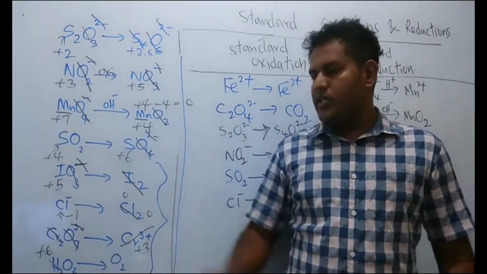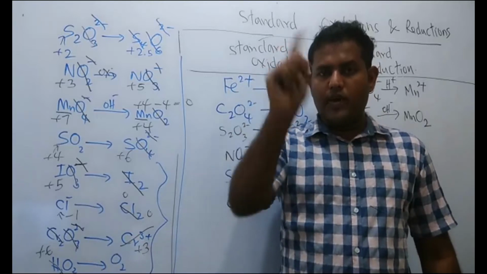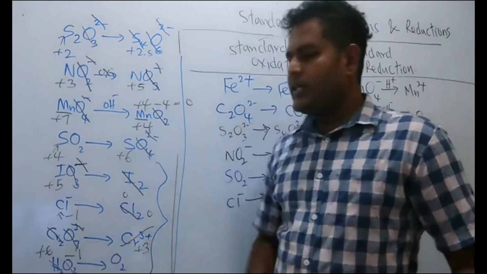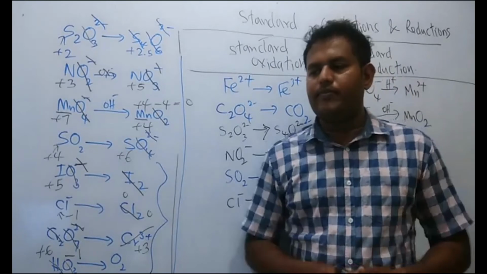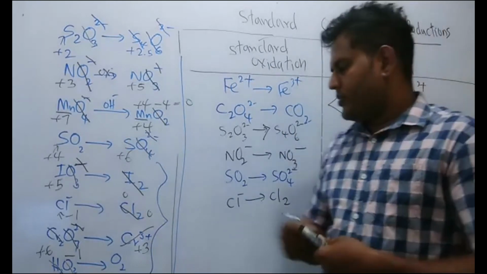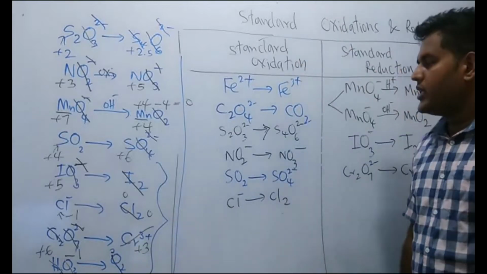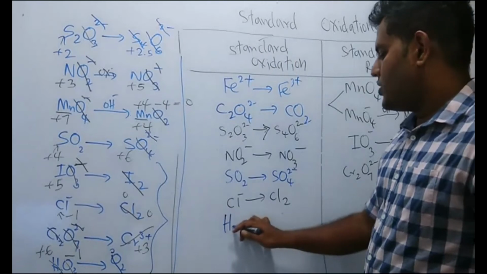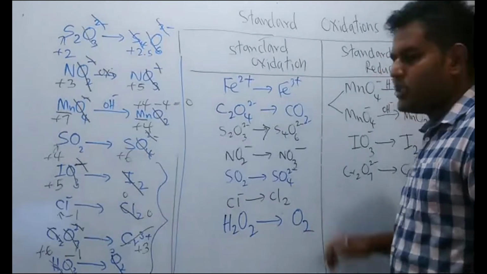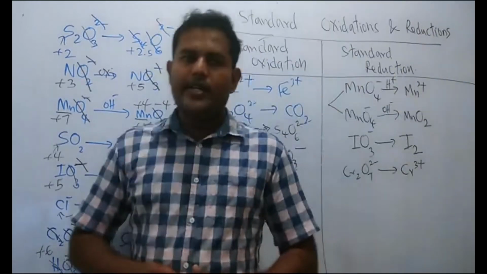Then for 2 oxygens the oxidation number is minus 2, so for 1 oxygen it is minus 1. Then O2 oxidation number is 0. Minus 1 to 0, oxidation. So H2O2 to O2 is an oxidation.